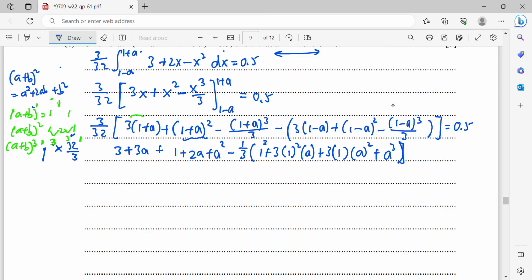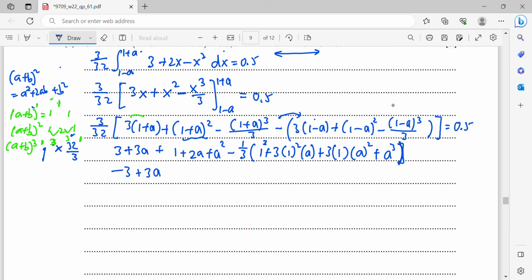Alright, so put a normal bracket. Then minus, do expansion over here. Okay, I just do expansion directly. So here will be 3 times 1 is 3, so minus 3. Then minus minus is a plus, so plus 3a.